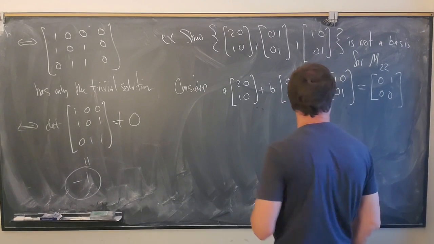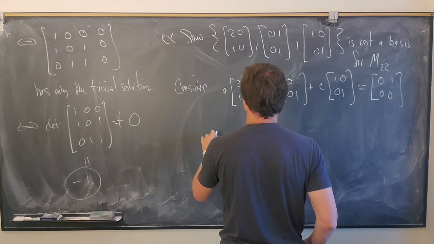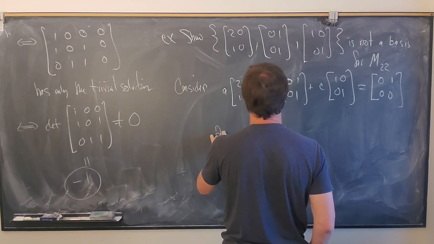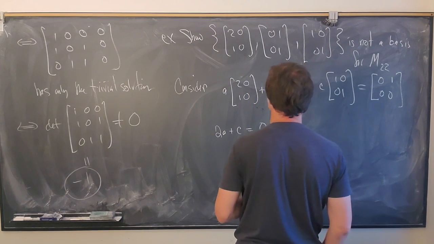Okay, now the corresponding system will look like this. 2A plus C equals 0.